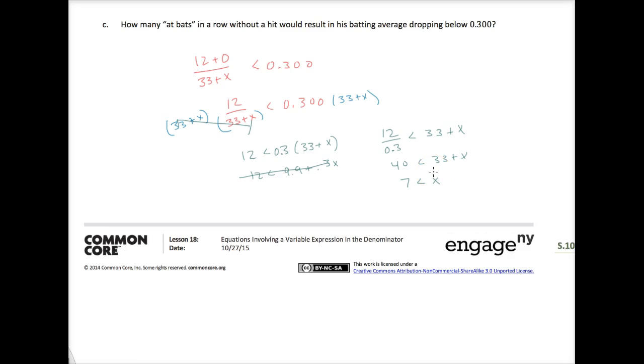So he is going to have to miss at least 8 times. 8 misses. Basically, 8 misses will ruin his batting average. Poor guy.